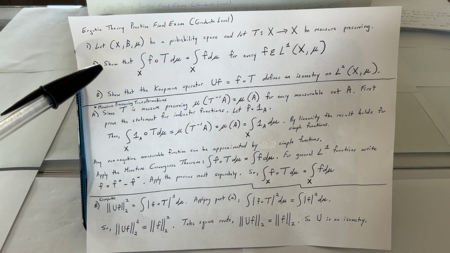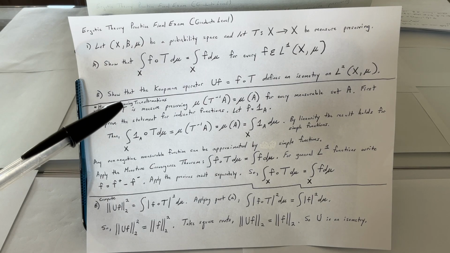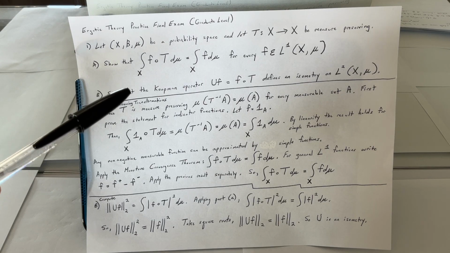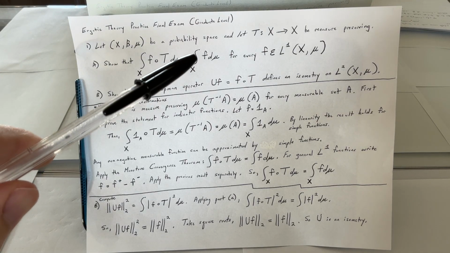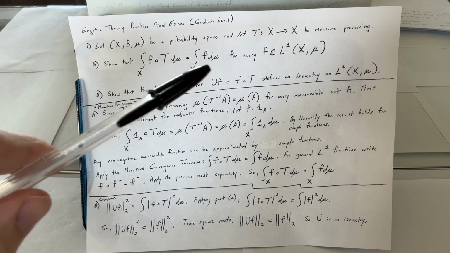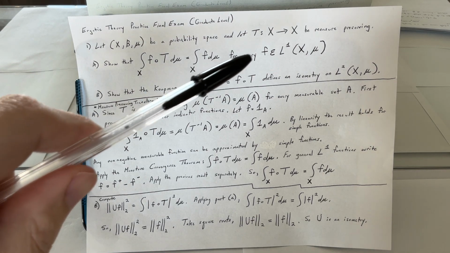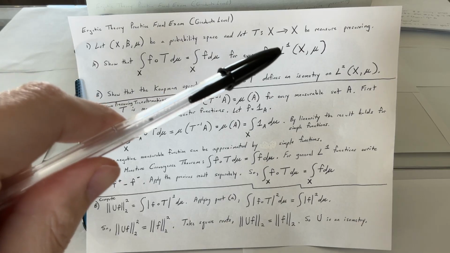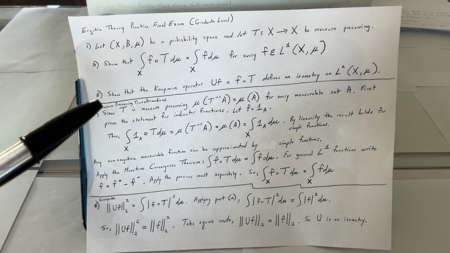What we need to show for part A is that the integral of f composed with T d mu is equal to the integral of f d mu for every f in L1(X, mu).